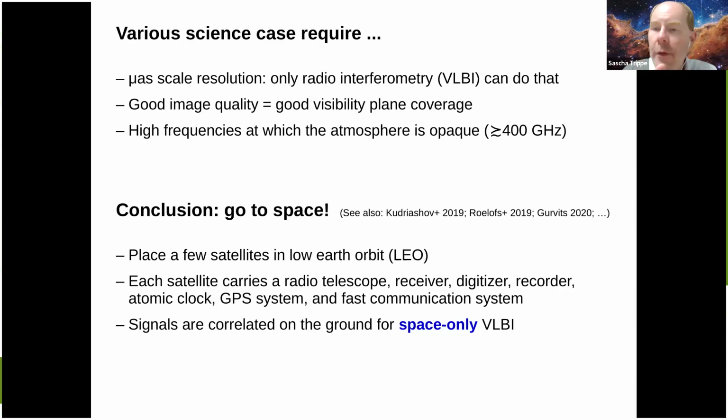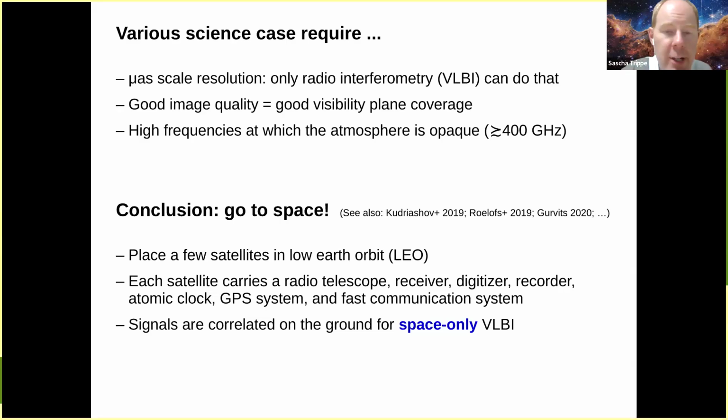Because only then do we have sufficient image quality, image fidelity. And at least for some of the sources, we need to go to high frequencies because we need to peer through interstellar matter, which is intransparent at lower frequencies. So we need to go to high frequencies at which the atmosphere of Earth is opaque, so at frequencies higher than roughly 400 gigahertz.